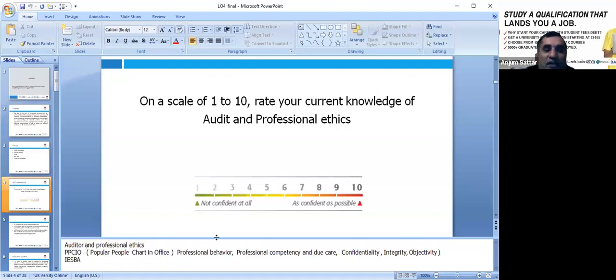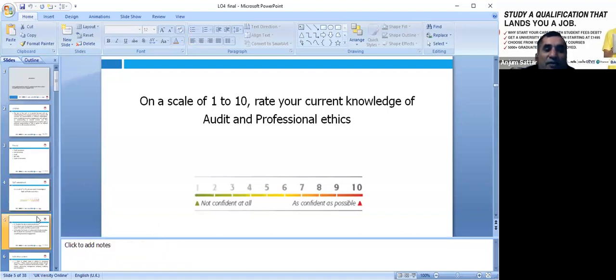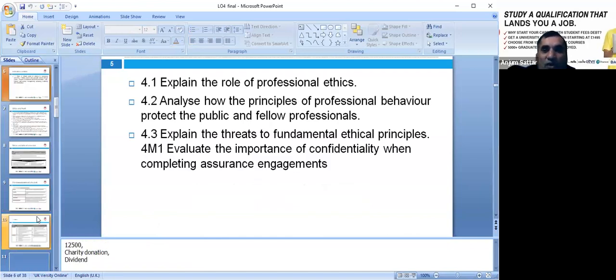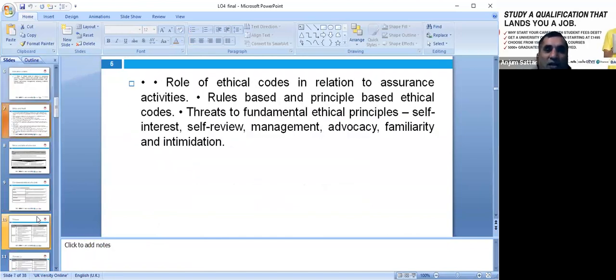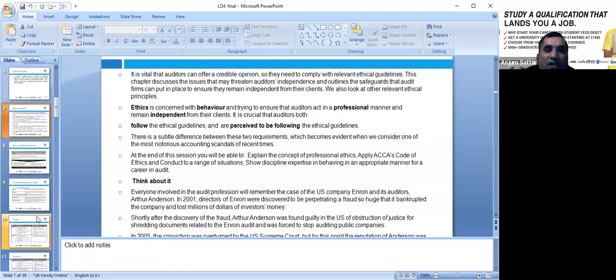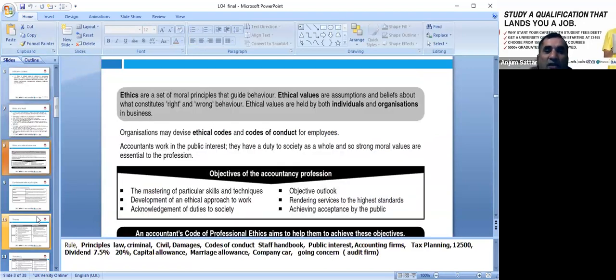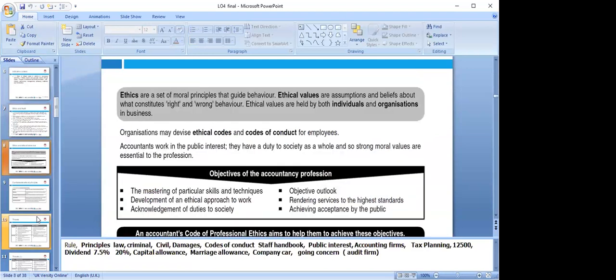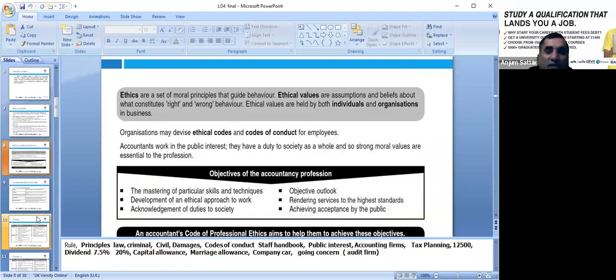With objectivity, there shouldn't be any conflict of interest, which we want to make sure of. Ethics is concerned with behaviors. There is a separate unit if you want to learn more about ethics: the ACCA Professional Code of Ethics, or the Ethics Standards Committee.